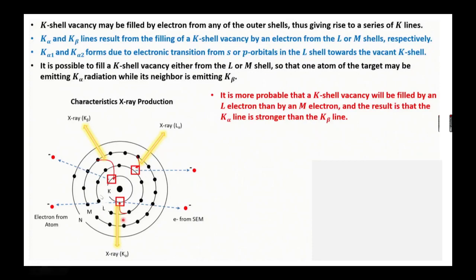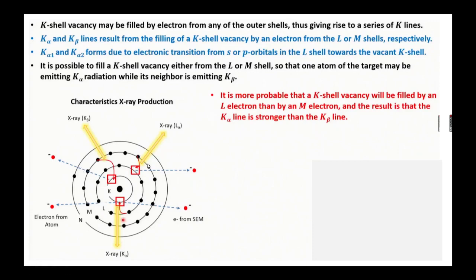When the electron comes from the M shell to the K shell, it is called K beta. When the electron comes into the L shell from the M shell, it is called L alpha. When the electron comes from the N shell to the L shell, it is called L beta.